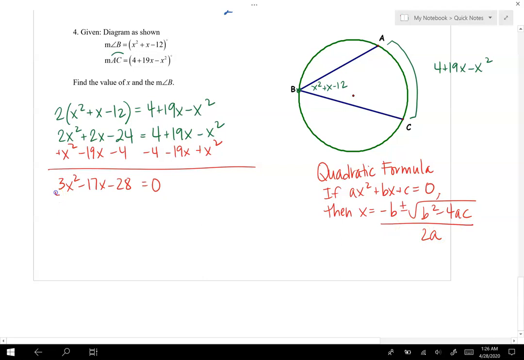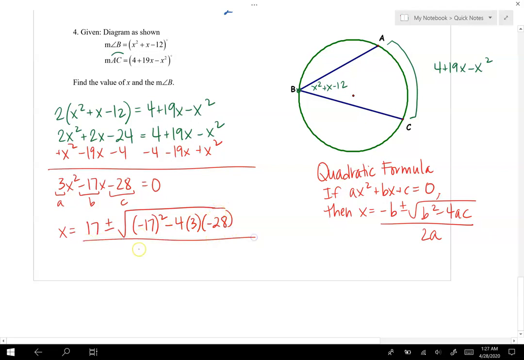Okay, so here's a, here's b, here's c. x equals the opposite of b, so positive 17 instead of negative, plus or minus the square root of negative 17 squared, and that parentheses is important to make that a positive number, minus 4 times 3 times negative 28, all over 2 times 3.